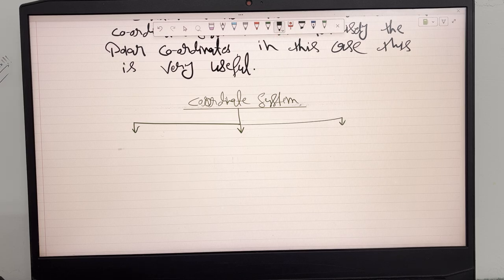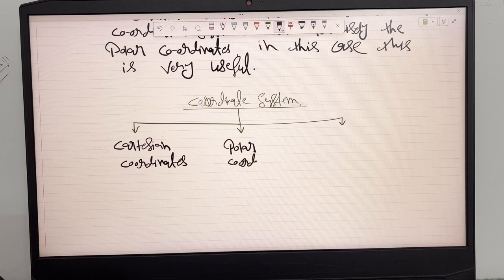First is the Cartesian coordinates, or you can also say rectangular coordinates. Then the second one is polar coordinates. And the third and very tough one is spherical coordinates.